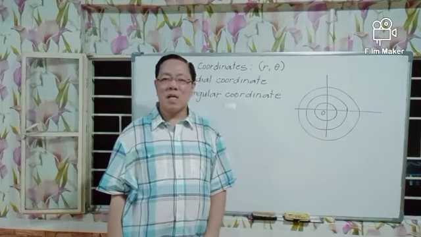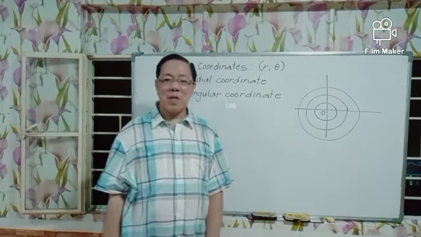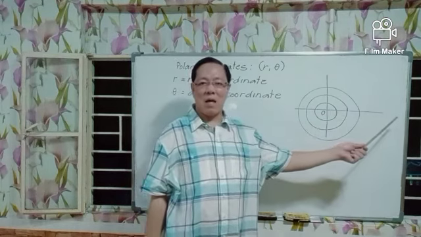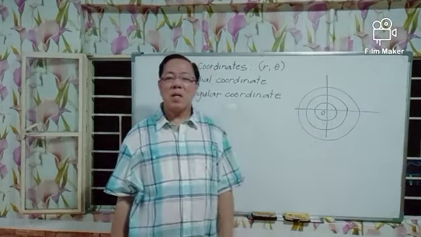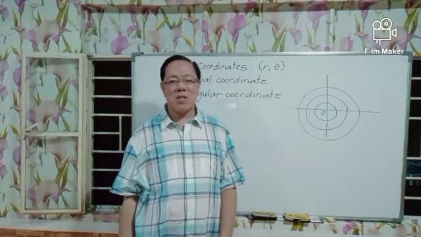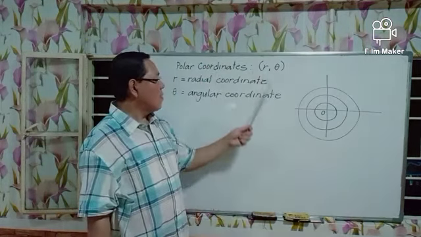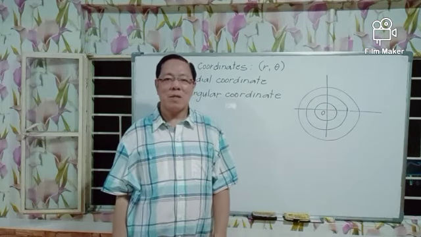So for the angular coordinate, we measure an angle with vertex at the origin with initial side on the positive x-axis, moving in counterclockwise direction. And after measuring that angle, we measure our units from the origin for the radial coordinate of the point.